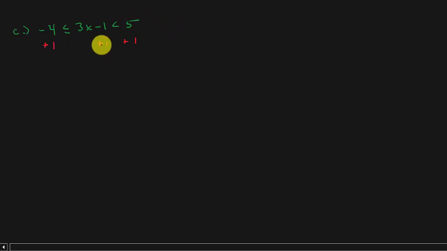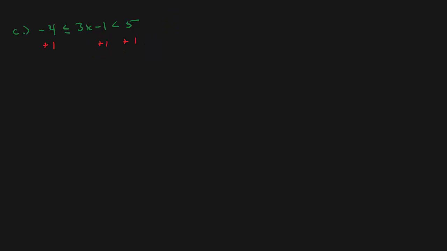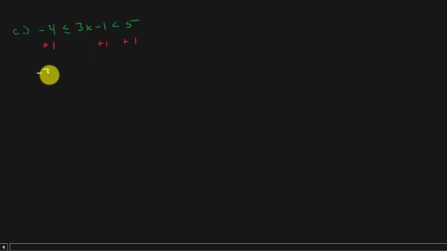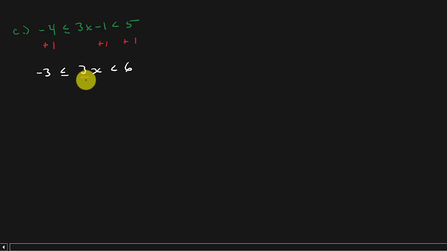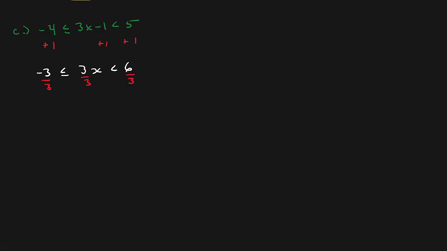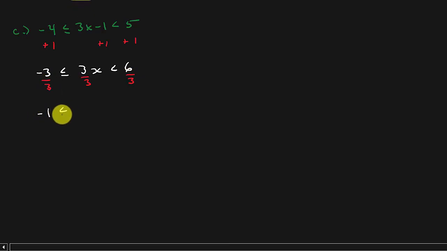Okay, so add 1 to all 3 parts. That gives us -3 less than or equal to 3x less than 6. And then we got to get rid of the 3, so I'm going to divide by 3. So that means I do it to all 3 parts. So that's -1 less than or equal to x less than 2.